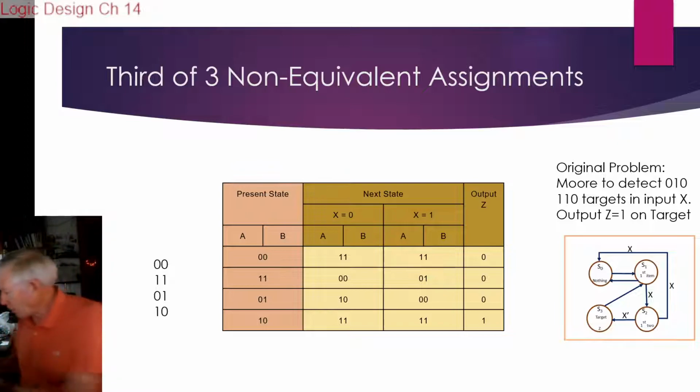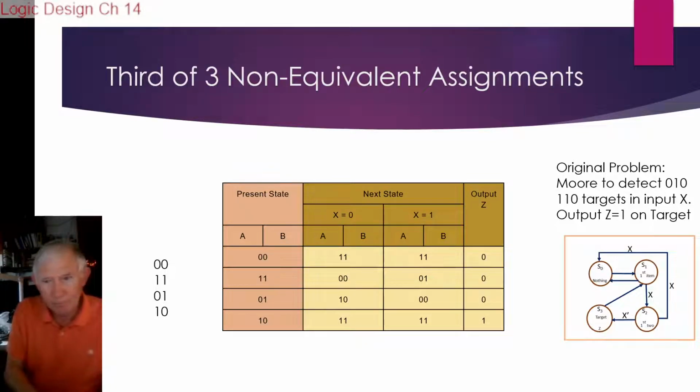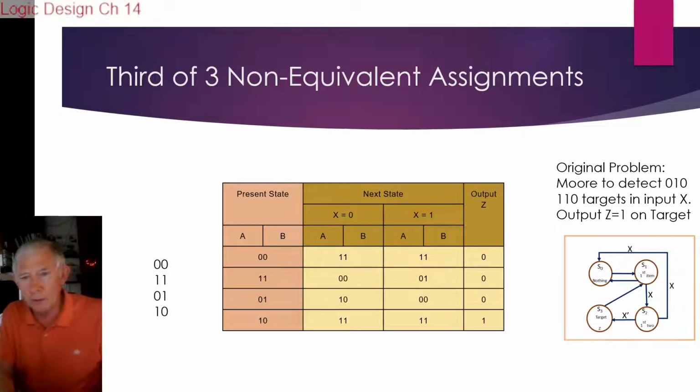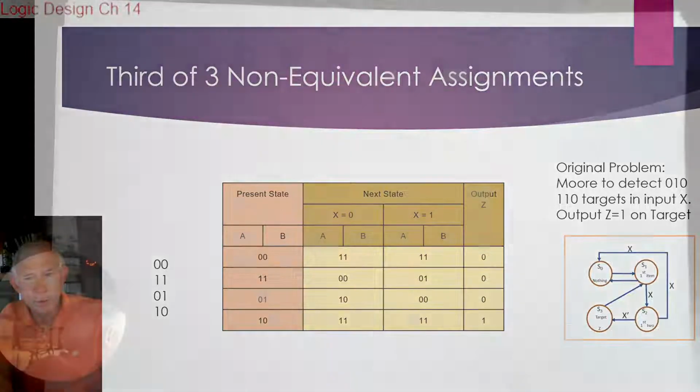All right, so I'm going to do the next one. So we'll do the same thing again. Let's see. Yeah. Okay, so here we go. So here again we have the DA map.